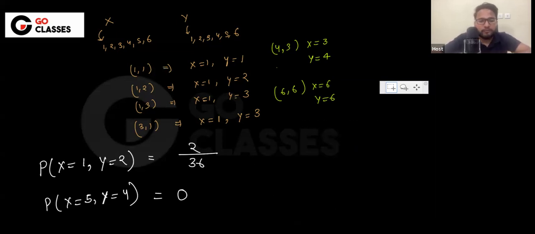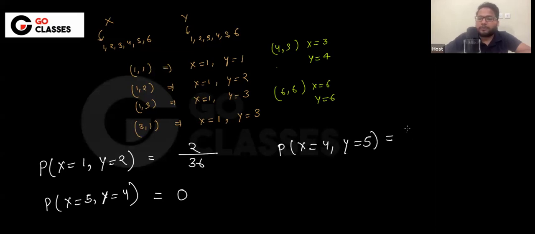But if y is greater, or maybe both can be equal, I will come to that case. If y is greater, for example, if I ask you x is 4 and y is 5, what is the probability? You will be getting this assignment in two cases. And what are those two cases? Whenever you get 4 5 or 5 4, right?